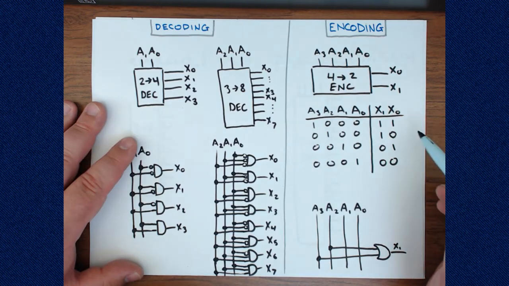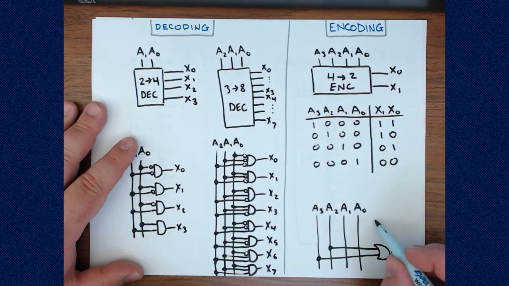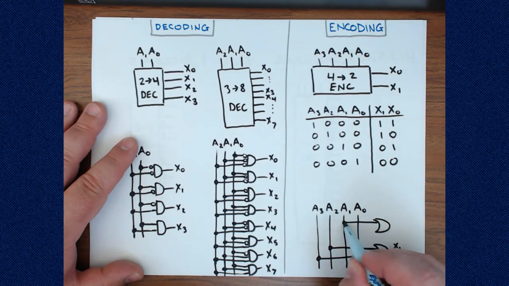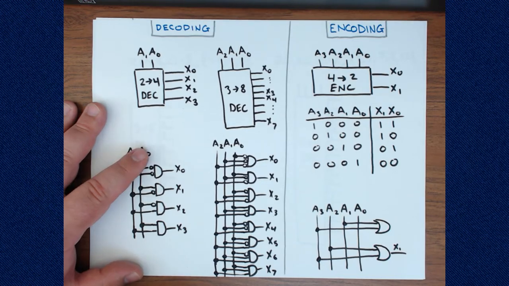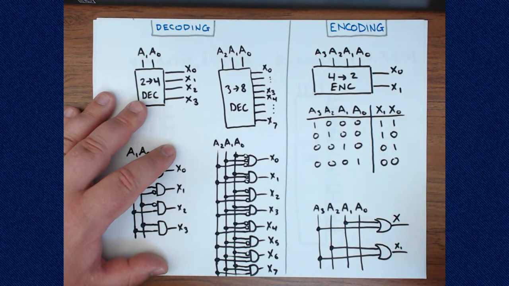Now x sub 0 is a little different. 1, 0, 1, 0. So it's 1 here and 1 there. That's on A1 and A3. So another OR gate whenever A1 is high or A3 is high. Now, each of these two circuits is actually a sum of products form expression realized in its circuit.